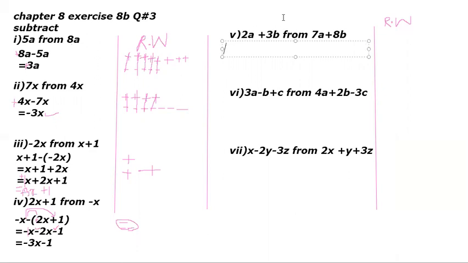You should keep it in your mind before doing a question that this 2 has a positive sign. Now both are algebraic expressions, so I need to write the second algebraic expression in parentheses. Okay, I need to subtract 2a plus 3b from 7a plus 8b. So I need to write 7a plus 8b first.